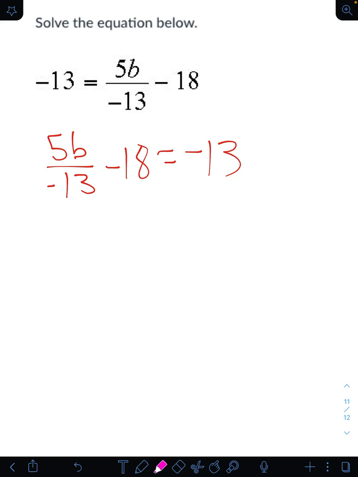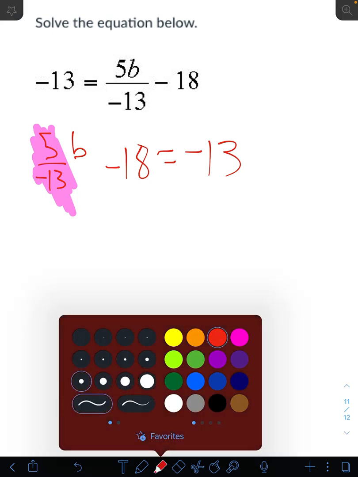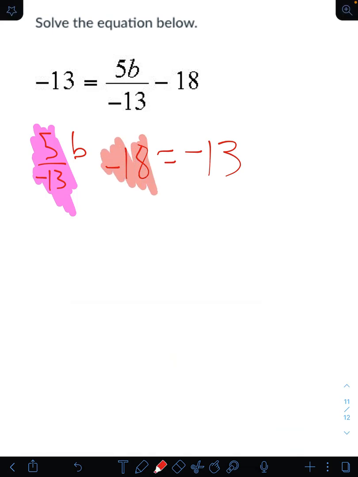So, two things to get rid of. The 5, let me rewrite that like a fraction to make it easier for myself. 5 over negative 13. There we go. I need to get rid of this one, and I need to get rid of the minus 18. Well, hopefully you know by now that you get rid of the minus 18 first.